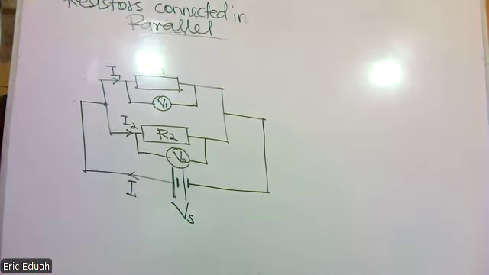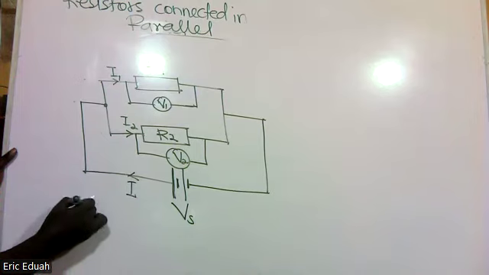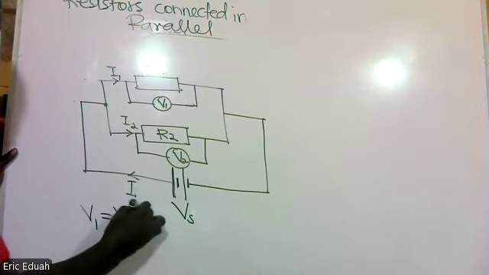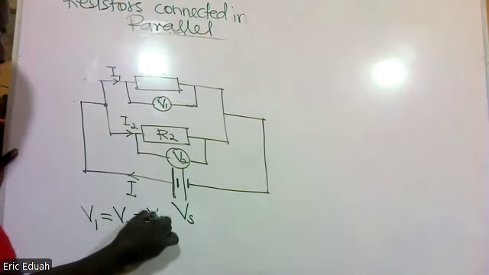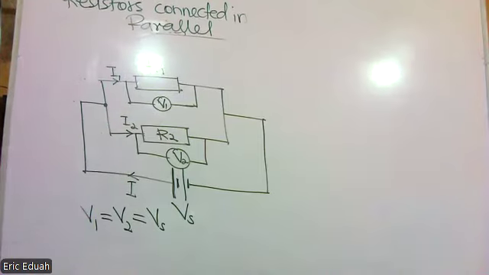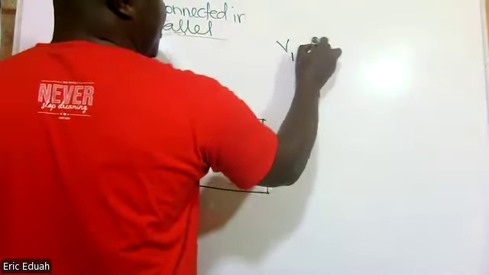You will understand that later. So we know that in parallel connection, V1 is equal to V2, and they are all equal to the source voltage, Vs. So I want an expression for V1. What will be the expression for V1?